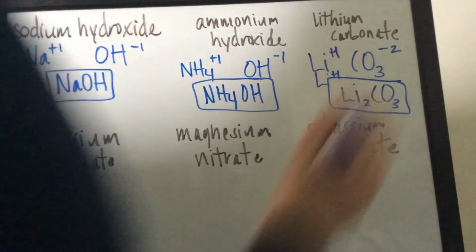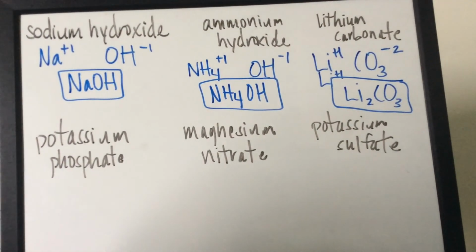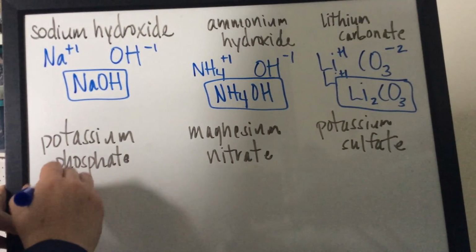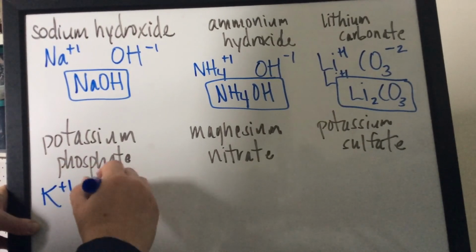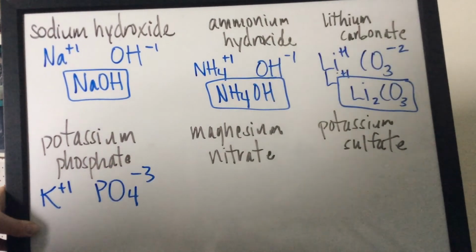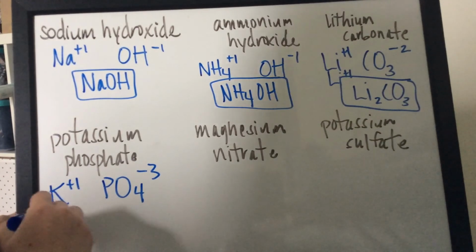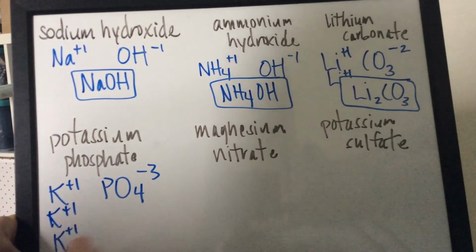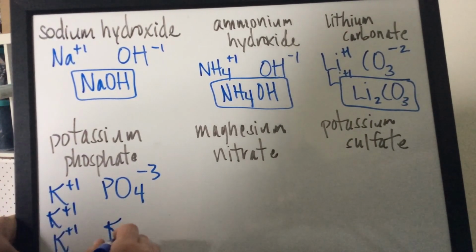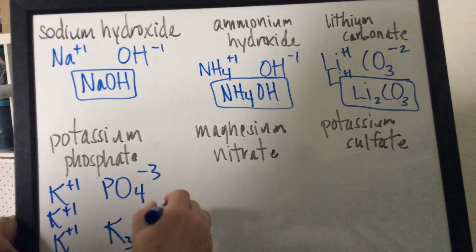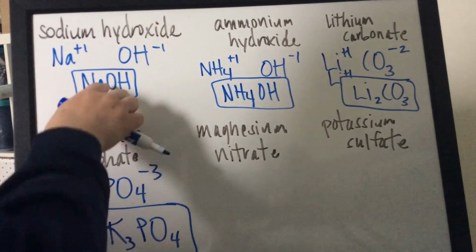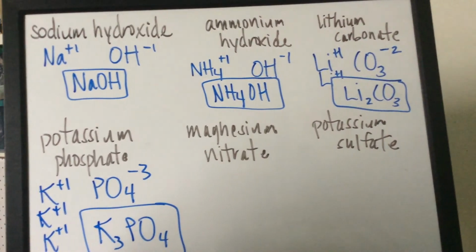It's part of the formula. Li2CO3. Potassium phosphate. Potassium's +1. Phosphate is PO4 -3. Means I need some more potassiums. Formula is K3PO4. Notice none of my formulas have charges in them, right? Because the charge is 0.